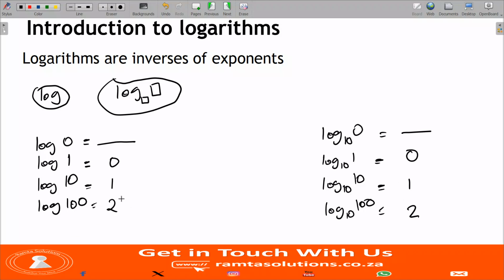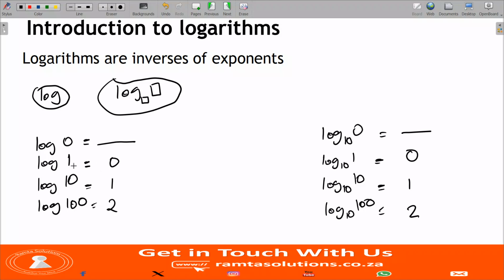So this is your normal log, or your normal logarithm. This normal log assumes that the base is 10. Remember, guys, I said logarithms are inverses of your exponents. I want you to see that there's a trend here.